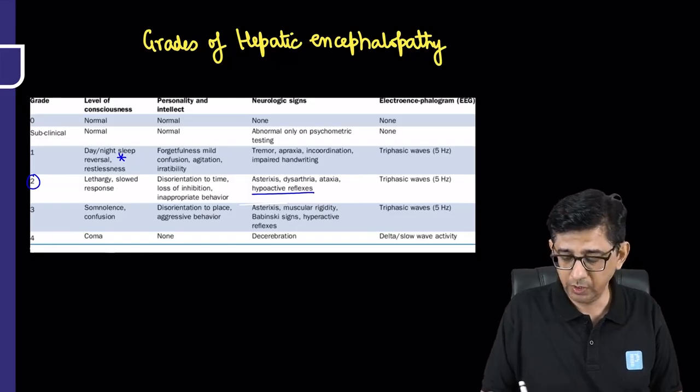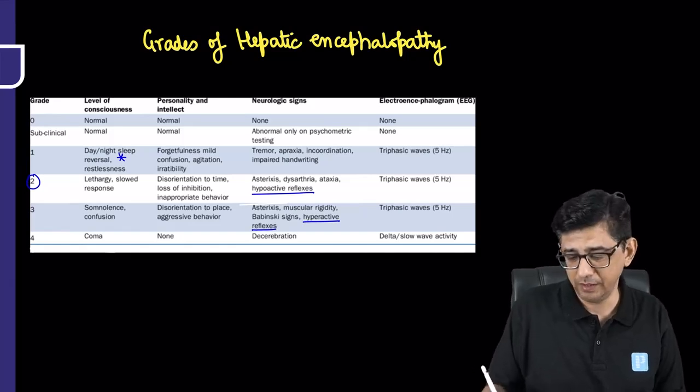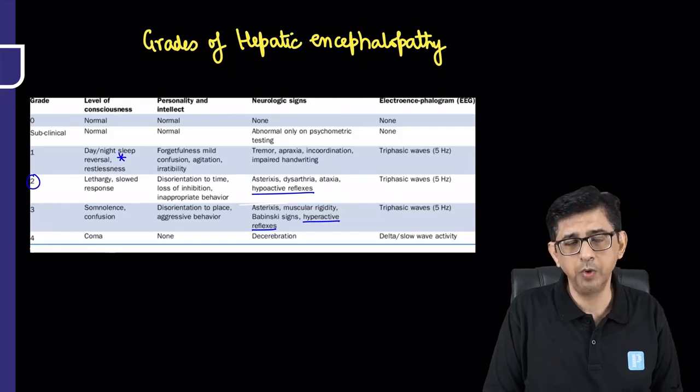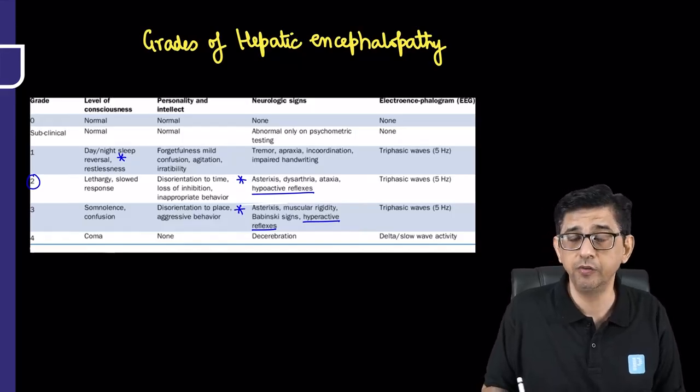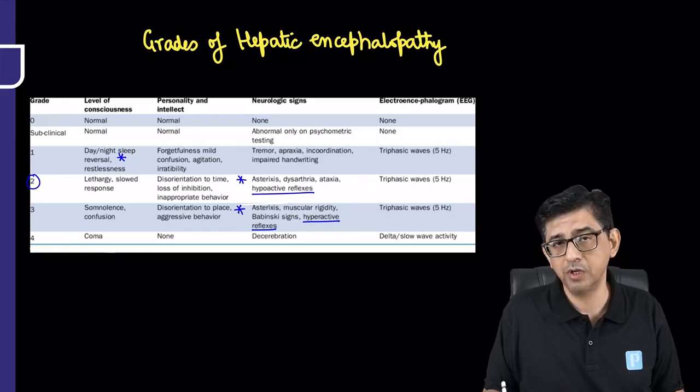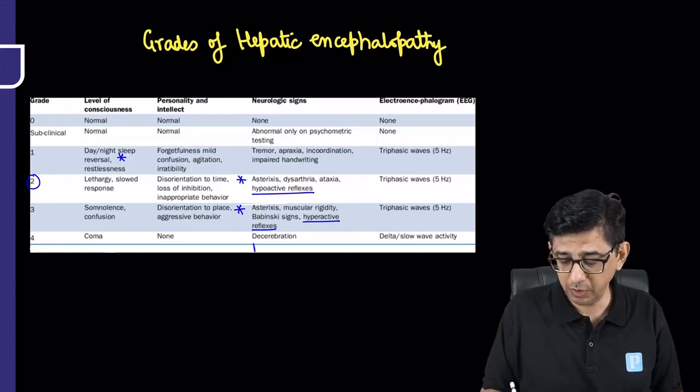But once he goes into grade 3, then you will notice reflexes will be relatively hyperactive. That's a slight difference that I would like you to remember, because asterixis would be universally present in grade 2 as well as grade 3, but asterixis will not be present in grade 4. There, decerebrate posturing will start occurring because of the raised ICP component.